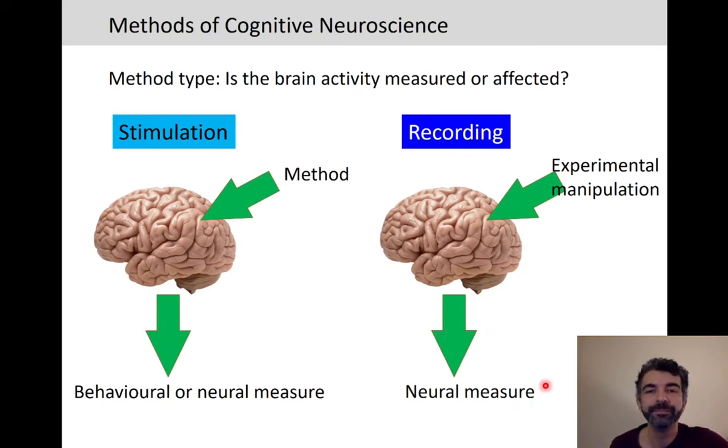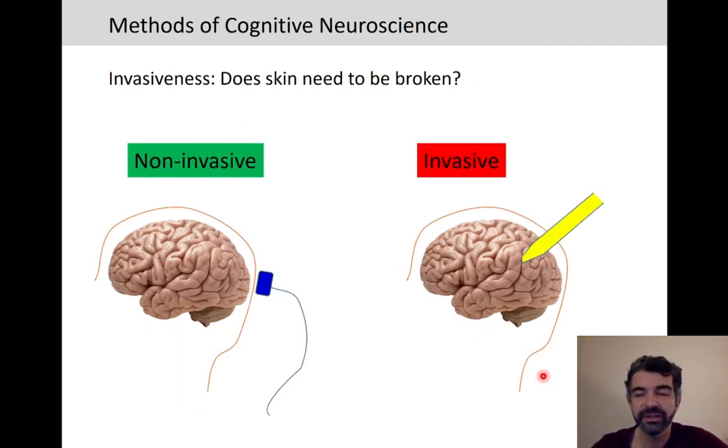A second way to distinguish between different neuroscientific methods is whether they are invasive or non-invasive. And that really boils down to the question, does skin need to be broken or not?